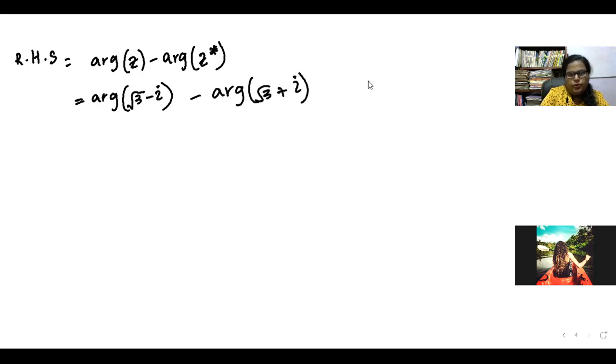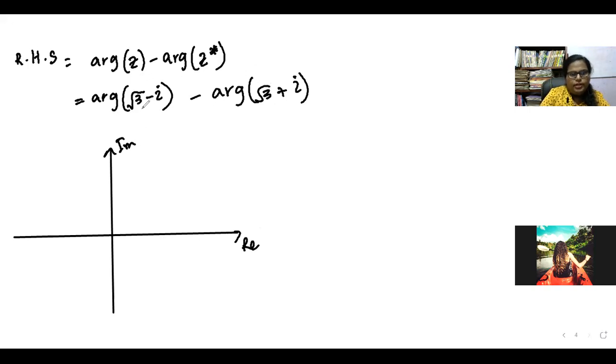When you draw these two complex numbers, I first take this z and put it on this Argand diagram, right? This one is the real axis and this one is the imaginary axis.